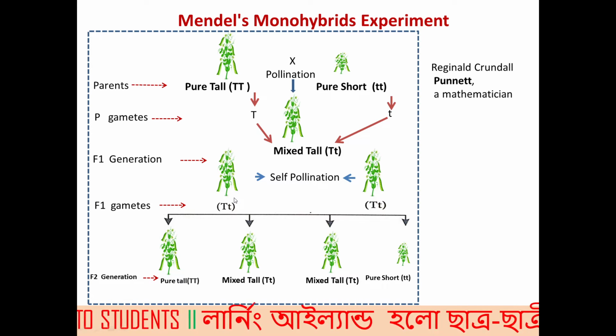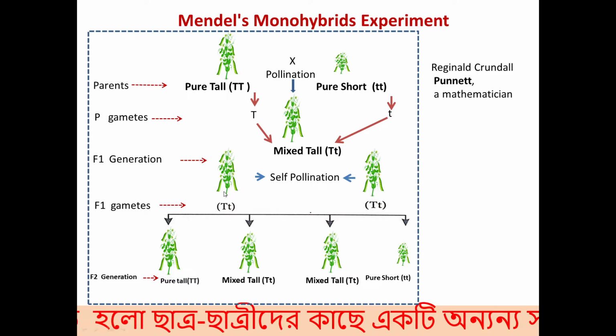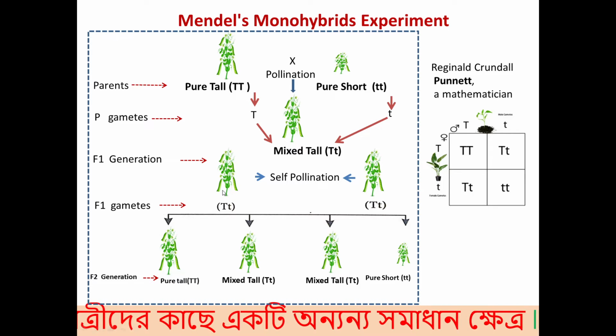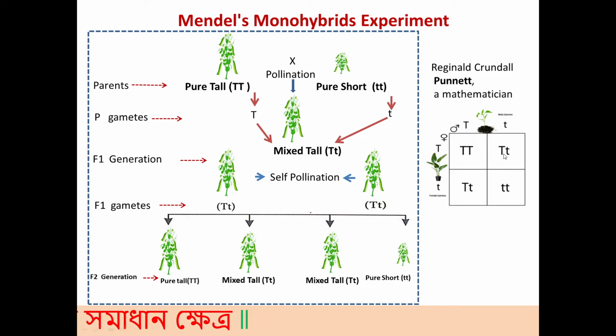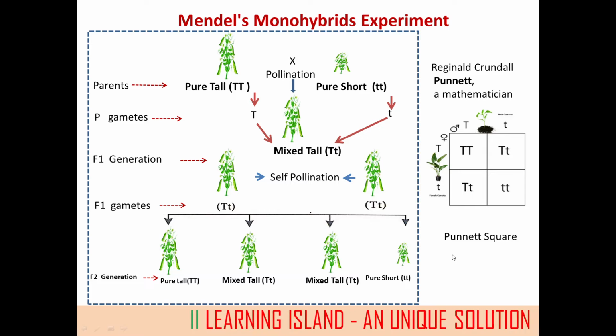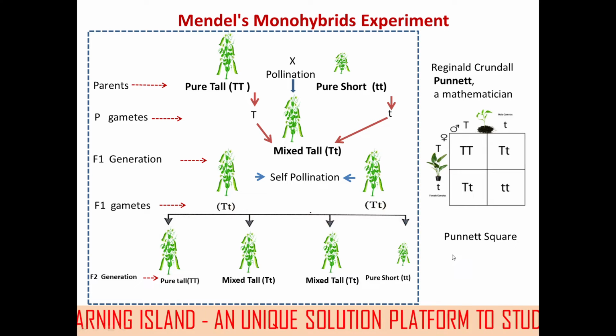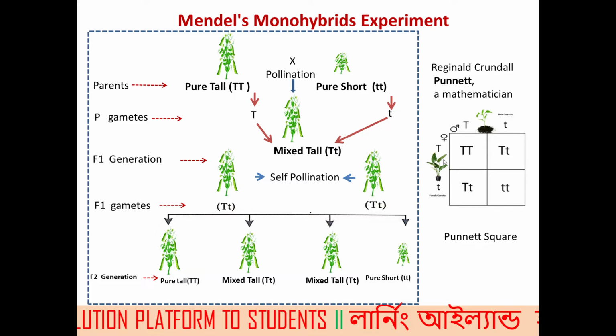Mr. Reginald Crundall Punnett, a mathematician, invented this square to find out the offspring easily, the combinations of the offsprings. This is very easy calculation. So this is called the Punnett square. In your exam, this question is also asked: write down the Punnett square for the monohybrid experiment. So this is the Punnett square.